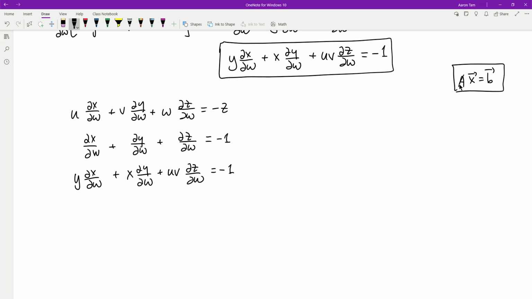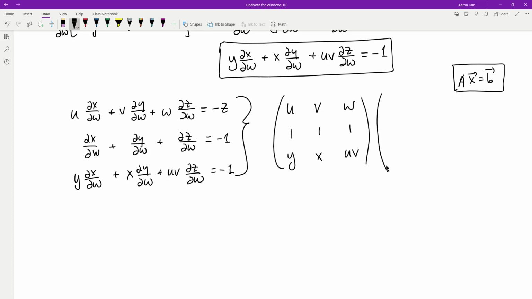So what does this whole thing turn into? Well, it turns into this. We simply collect the coefficients and put them in the position where they appear in the system. So u, v, w. And the coefficients for the second equation are 1, 1, and 1. And then for the last equation, it's y, x, uv.